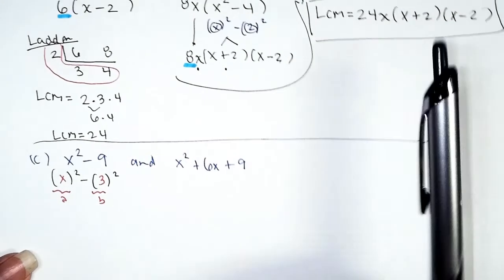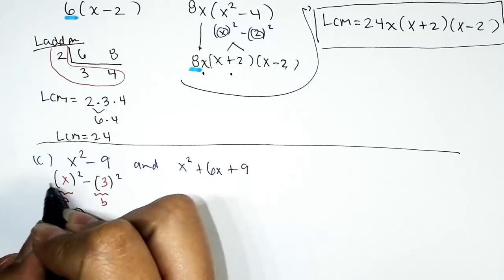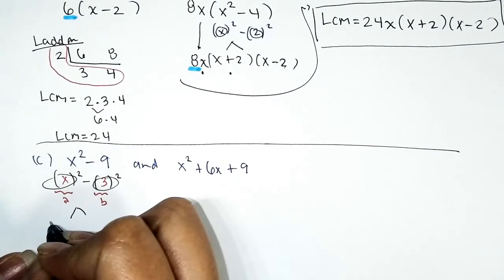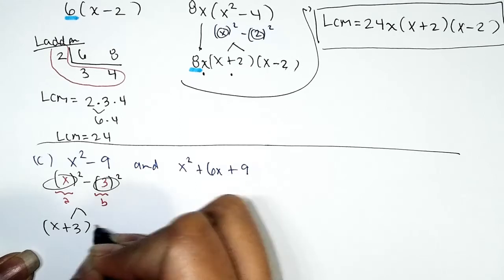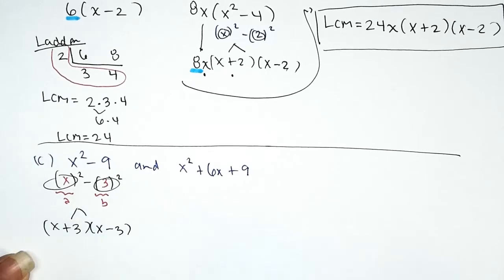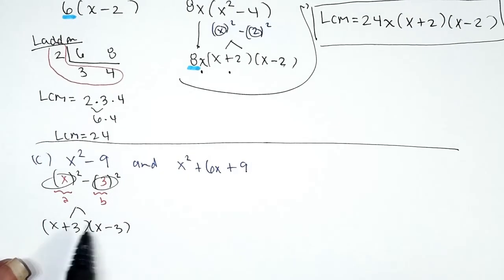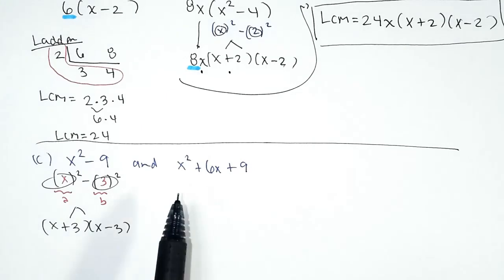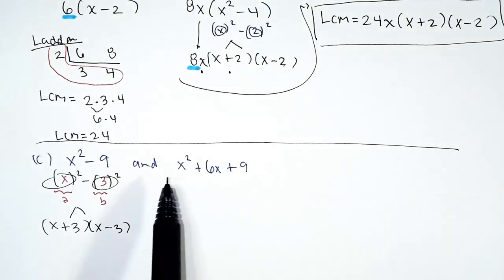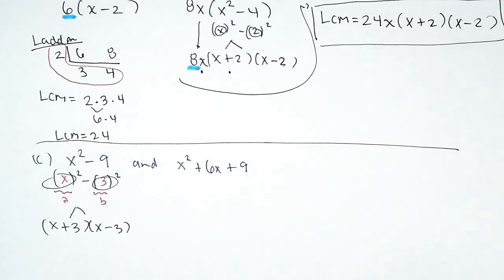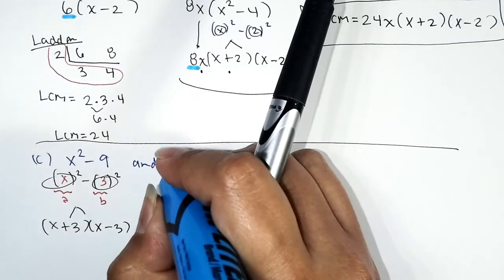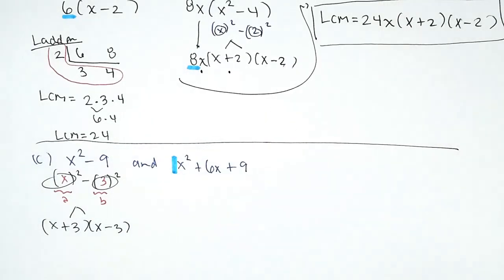So this should factor to x plus 3 times its conjugate, x minus 3. The degrees are 1, so we can't break it down. For the next polynomial, there's no GCF to pull out. The leading coefficient is 1, so we don't have to use the AC method unless you really want to.